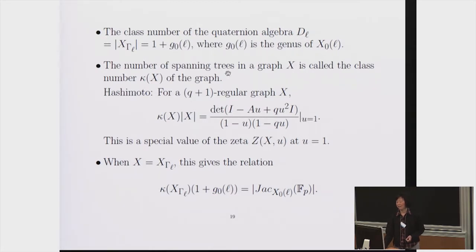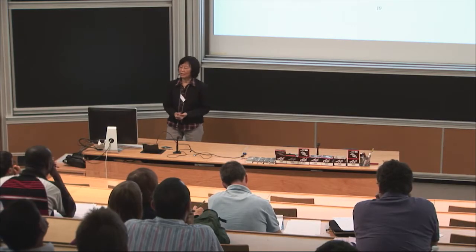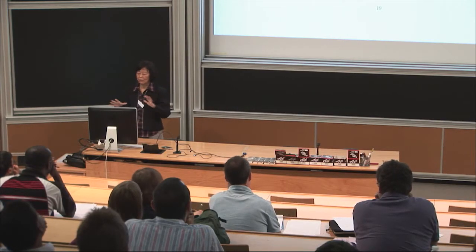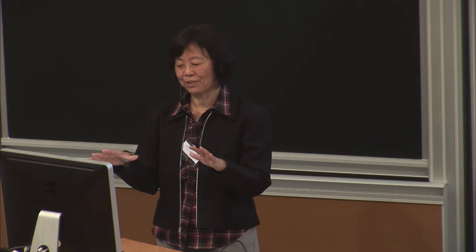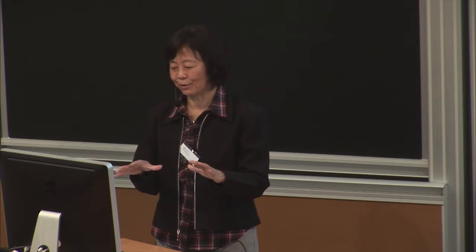On the other hand, from the combinatorial side, if I have a graph, I look at the number of spanning trees inside this graph, and that number is called the class number of the graph.